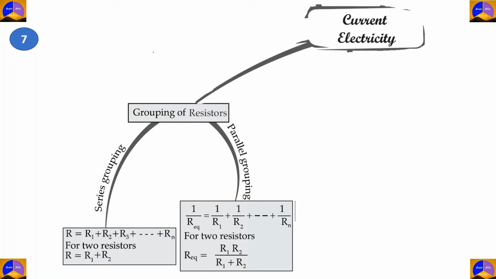In most of the circuits in daily life, we don't usually have the setup of a unique voltage, a unique current, and a unique resistor. In most circuits in daily life, we have hundreds of resistors grouped together in various arrangements.